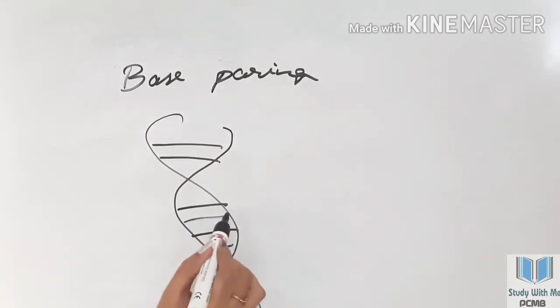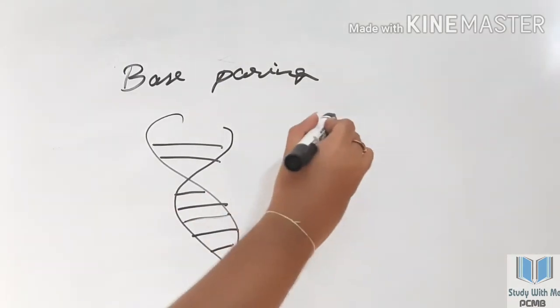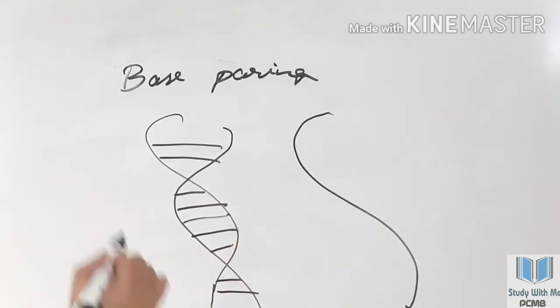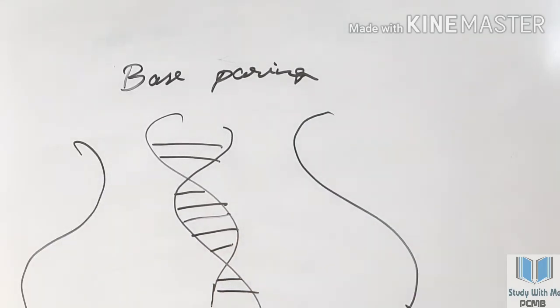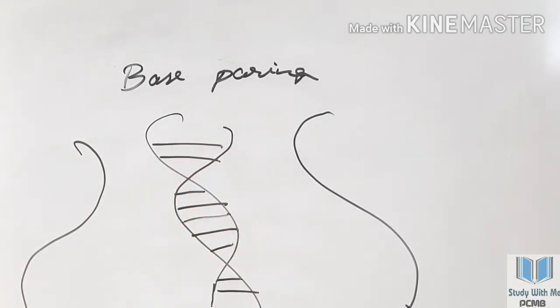Just imagine it as a DNA, and you can see that there are two polynucleotide chains. One is in this way and the next one is in this way. So this is one polynucleotide chain. This one is the other polynucleotide chain. This is base pairing. That's all it is.